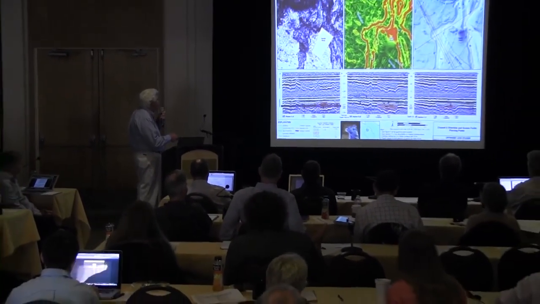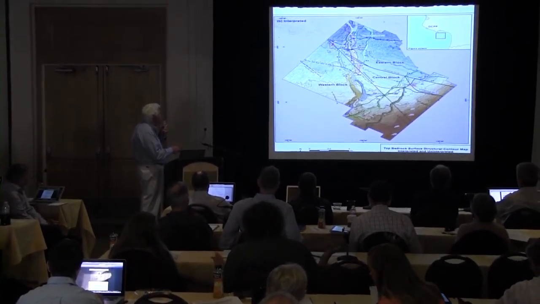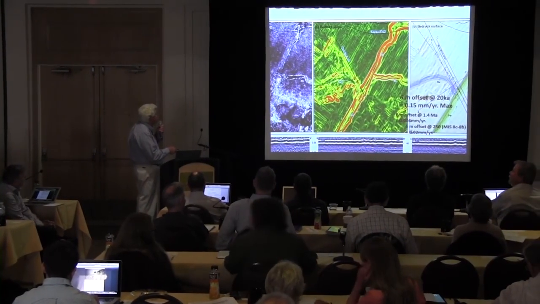Gary, if I could just interject, if we could go back to slide 51 or 55. I only had 42 slides. Okay. I just wanted to show the amplitudes, where you can see the raw data, the amplitude data that shows the 40 meters offset of the eastern channel margin. I'm not sure which one you're talking about.